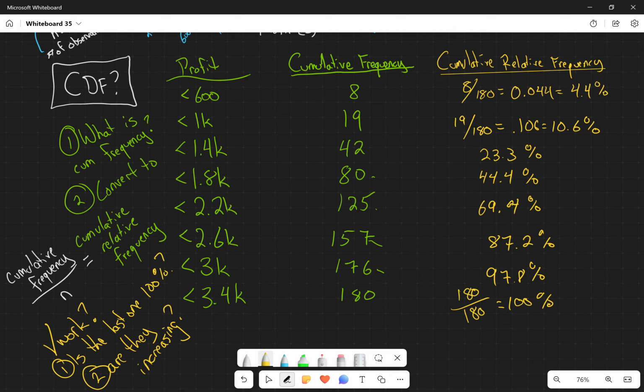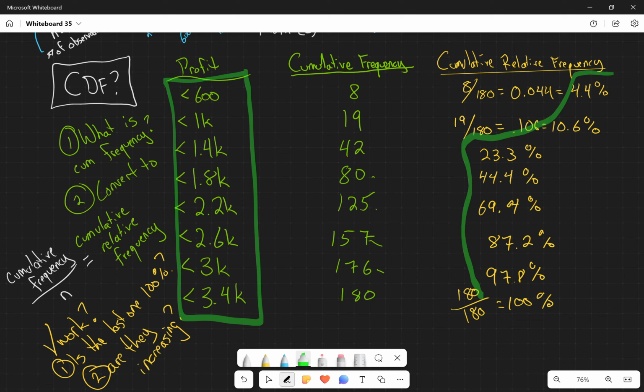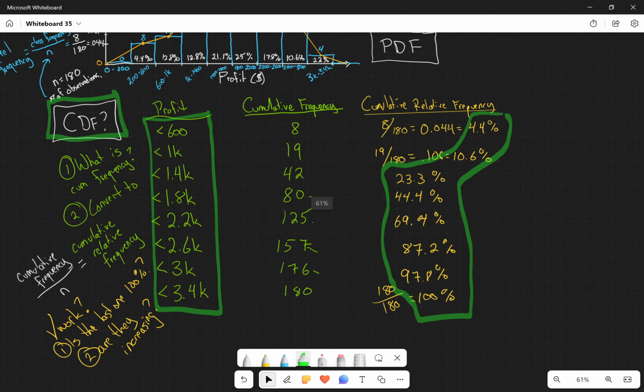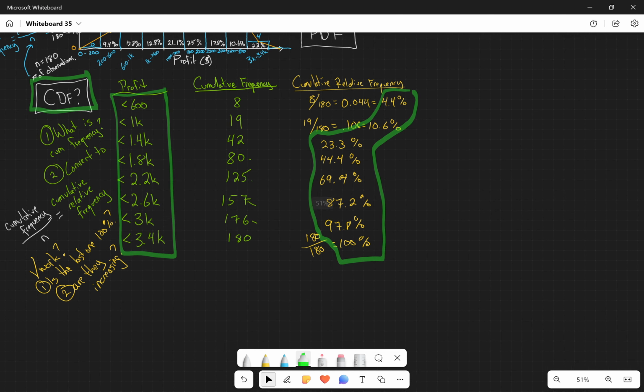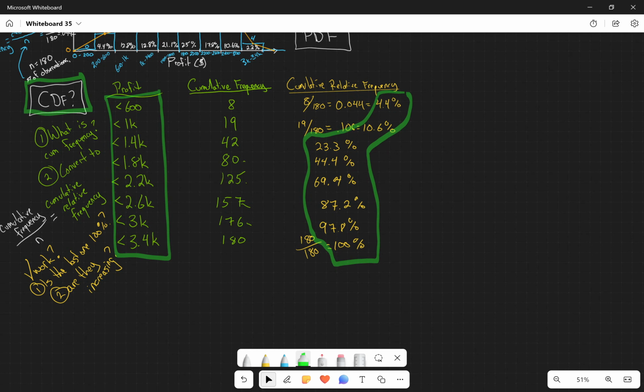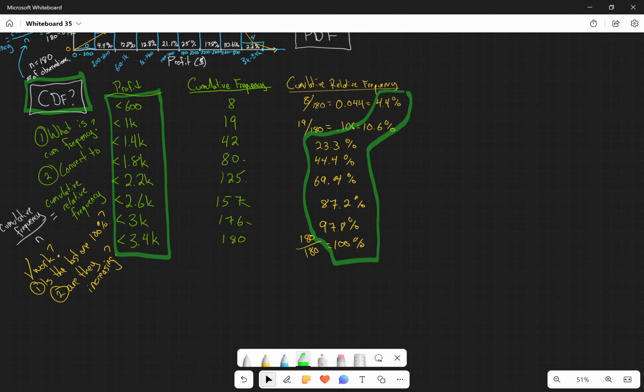So now we're going to take this data and this data, and we're going to graph it to get this thing. Best way to do this.